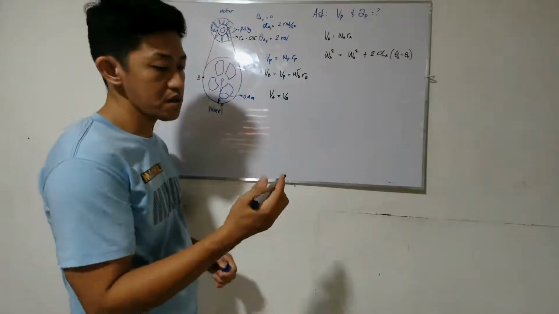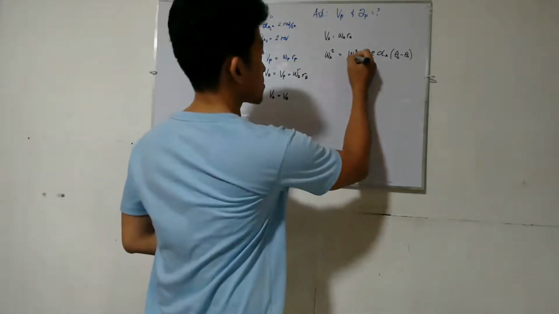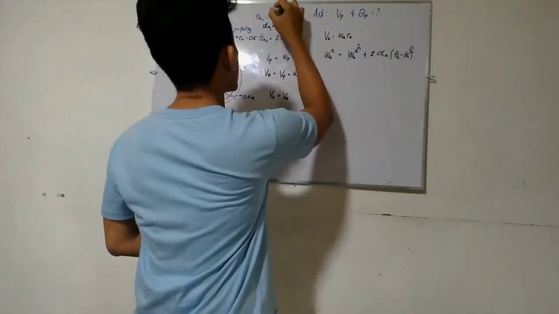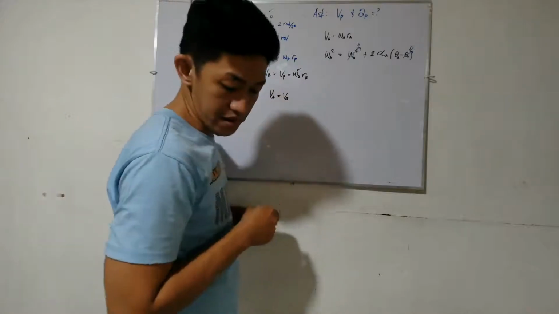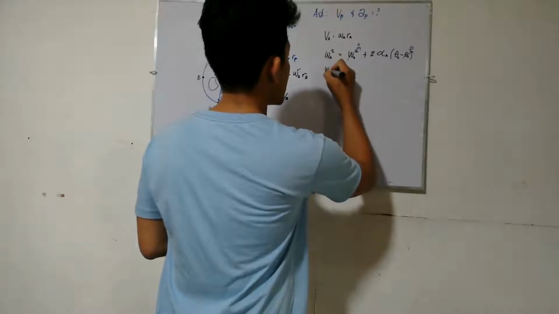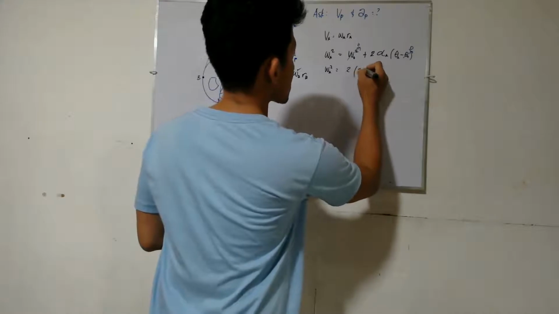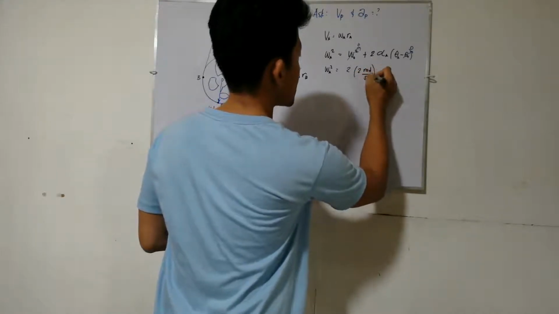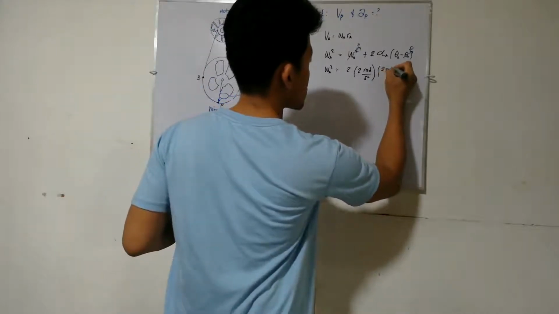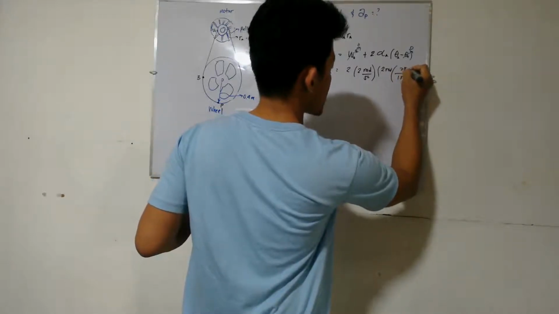Okay. Since the pulley starts from rest, this is 0, as well as the initial angle is 0. Therefore, we have 2 times 2 rad per second squared. Your angle is 2 revolutions, so we need to convert this into radians, 2 times 2 pi radians.